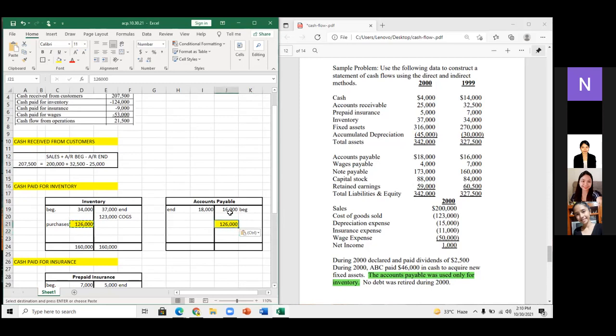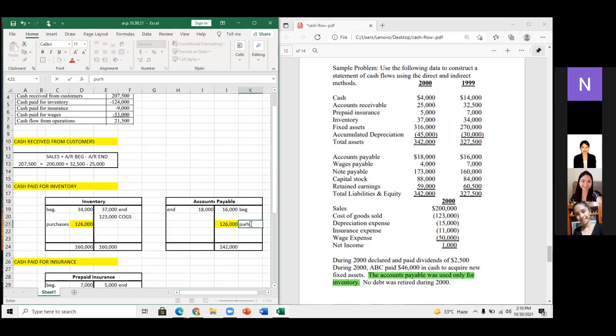After nun, ito total ulit natin, 126 plus 16, 142 dito. Given din sa problem yung beginning amount and ending amount na accounts payable, yung 16, tapos yung 18. So, nakuha na natin yung amount na purchase.